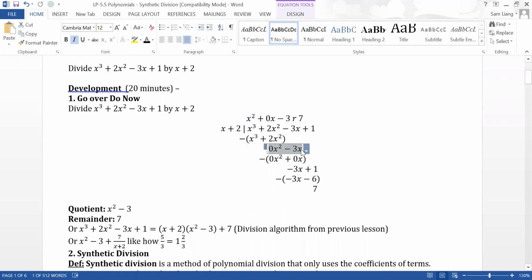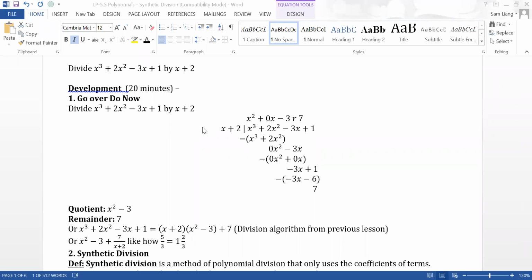Because we have 0x squared, we're basically multiplying x plus 2 times 0, and we subtract nothing, which gives us negative 3x. We bring down the plus 1, and then we distribute negative 3 to x plus 2, which gives us x plus 2 times negative 3 on the top. We subtract negative 3x minus 6, and we get a remainder of 7, and that's not divisible.